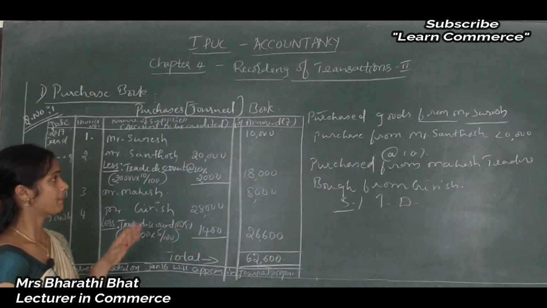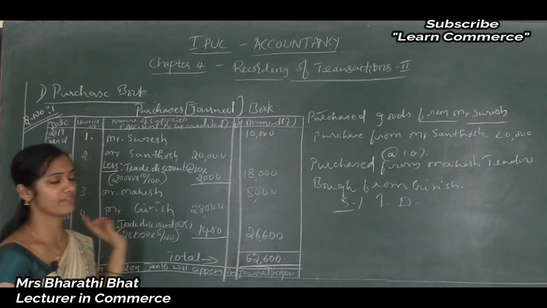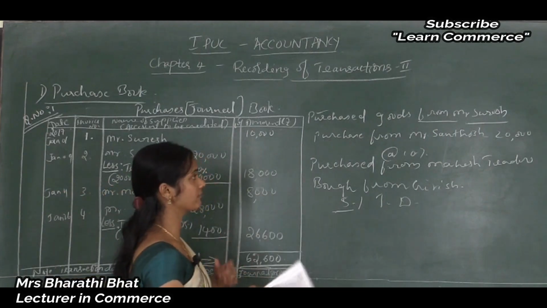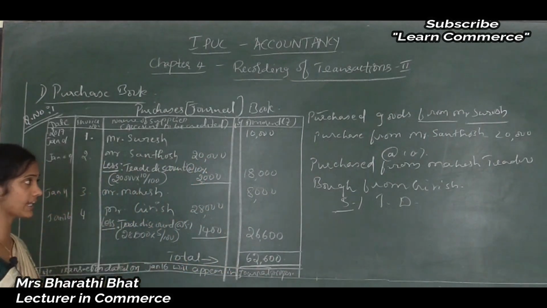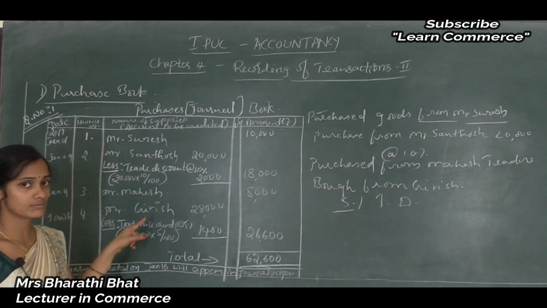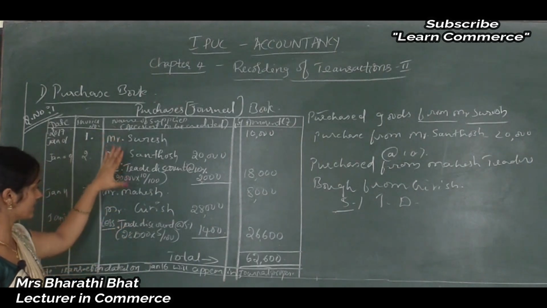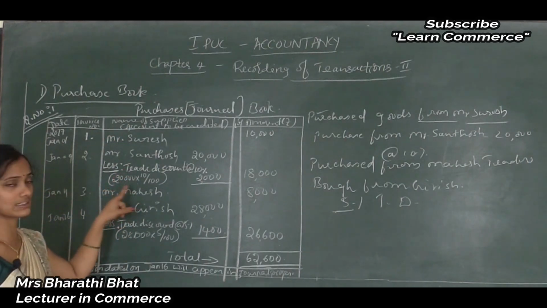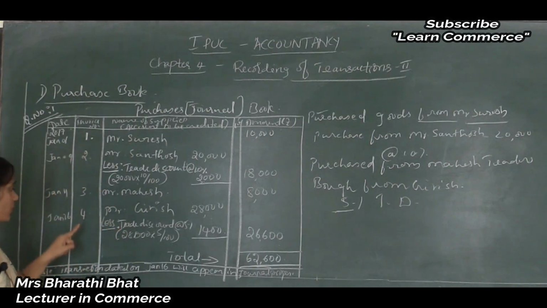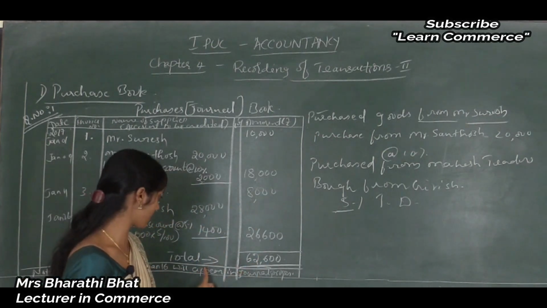How to prepare the purchase book by following the transactions or information, we can easily prepare it. Very simple. Just give concentration to the format and procedure, and how to calculate trade discount. If invoice number is not given, then we have to write serial numbers, and properly record date and amount. The final step is totaling.